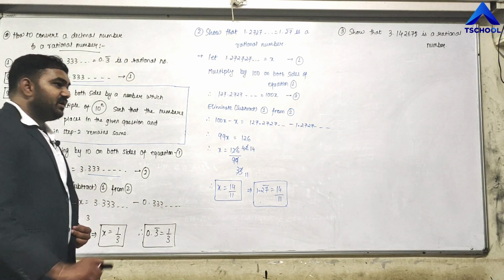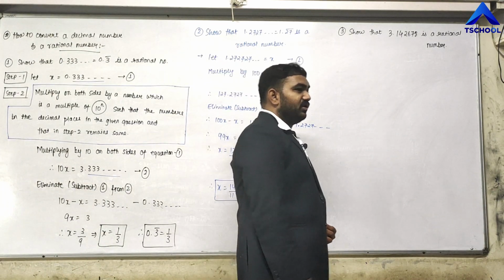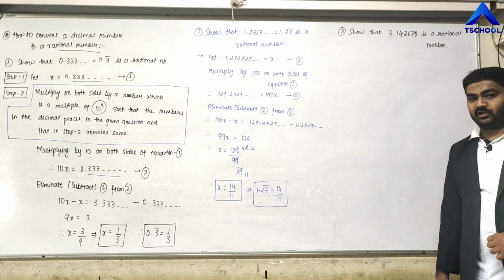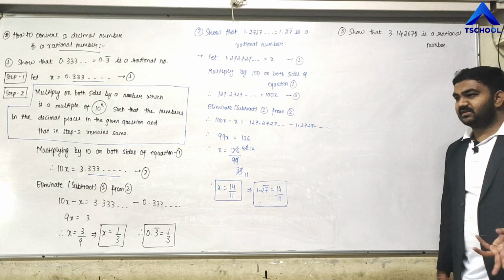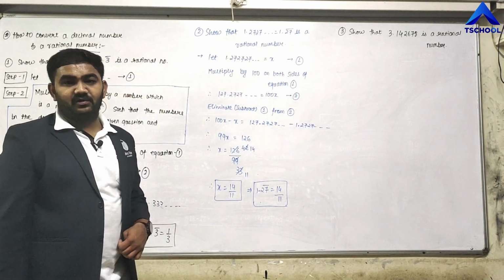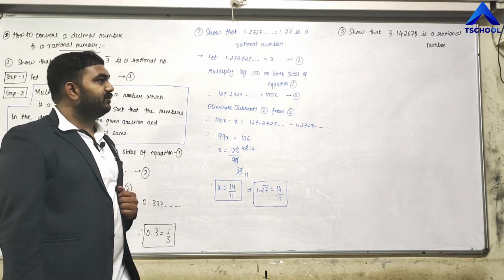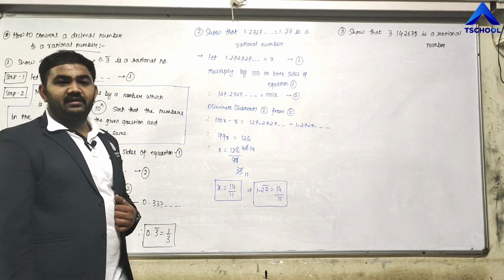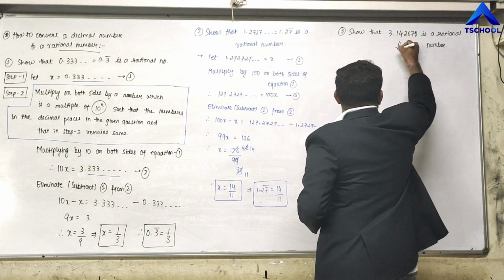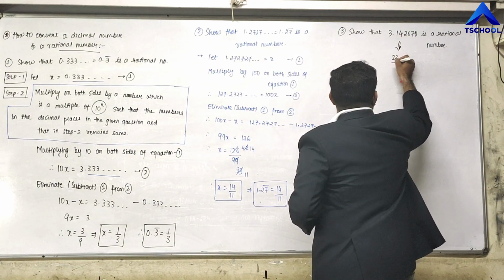But yes, if I say that this is one of the values of a rational number, then what can you say about this? 3.142678, right? So the rational number that clearly comes from this one is 22/7.